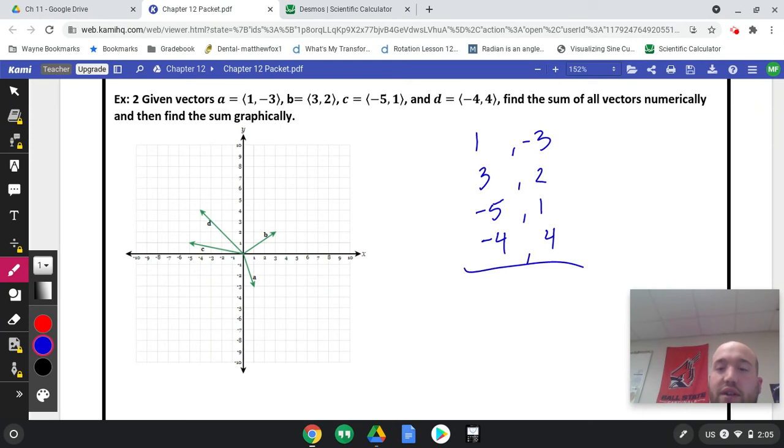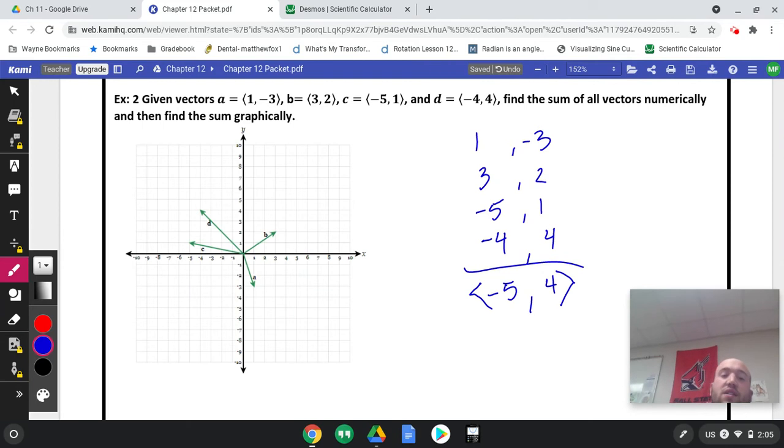If we just add straight down, so 1 plus 3 is 4, 4 minus 5 is negative 1, minus 4, that'll give us negative 5. Meanwhile, negative 3 plus 2 is negative 1, plus 1 goes to 0, plus 4. So negative 5, 4, that is our answer. What all of these A, B, C, and D combine to give us.